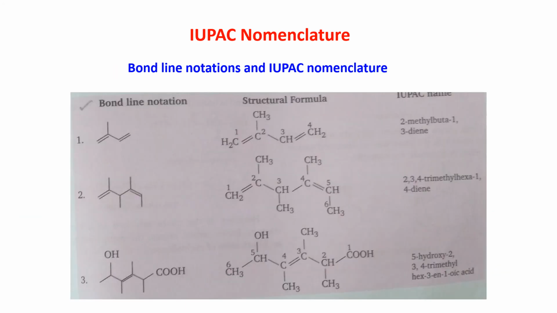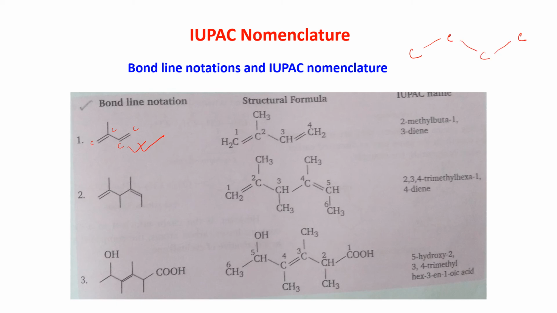Now look at this. This is the bond line notation given. How do we write the structural formula? Let me write for the first one. How many carbon atoms are there? 1, 2, 3, 4. So let me write 1, 2, 3, 4.